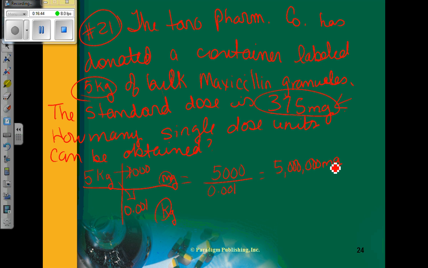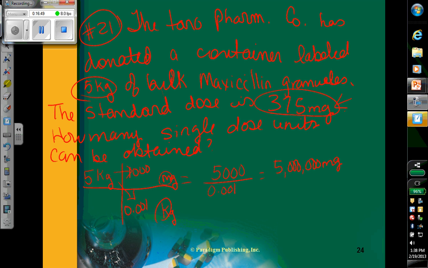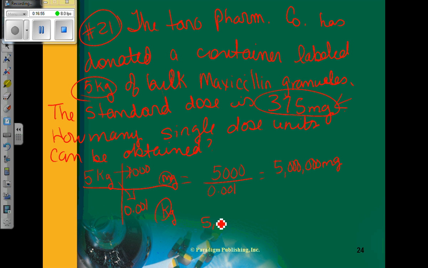So you have your 5 million milligrams. You've converted your 5 kilograms over to 5 million milligrams. And then you're going to divide it by the standard dose, which is 375 milligrams.